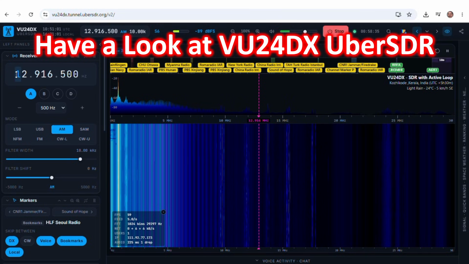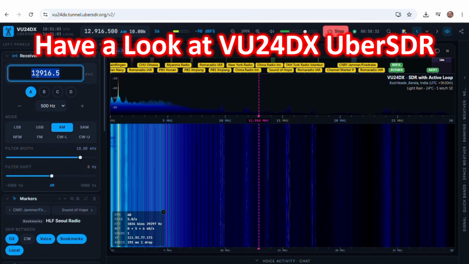Suppose I type it here, let me see. Instead of this, I can type in, say, 160 meter, we'll type in 1.8, let me see. Didn't go there. I'll try 3.5.